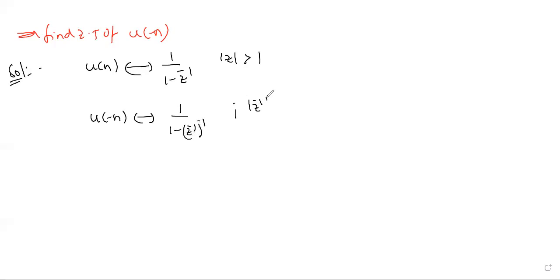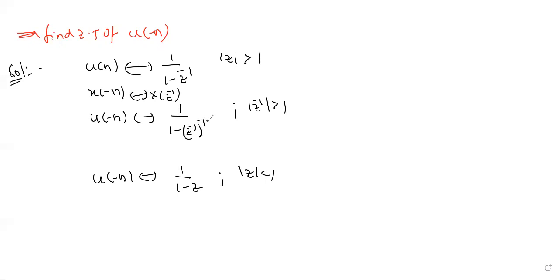So mod z inverse will be greater than 1. So u of minus n will be 1 by 1 minus z, but mod z less than 1. Because what is the property we have? The z transform of x of minus n will be x of z inverse. Already an inverse was there, again whole inverse. The time reversal property is applicable here. 1 by 1 minus z. That's it. Okay. Similarly, the differentiation property also we can apply here, for example a power n into u of n. You can take that problem also here if you want.